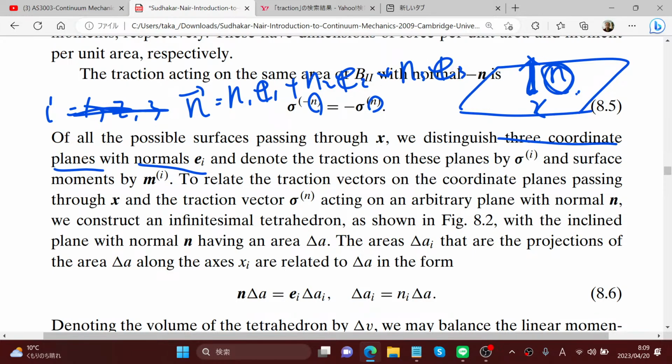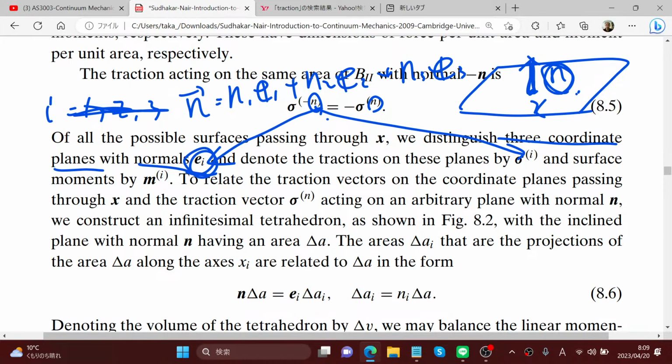This is okay. But now it says e_i itself is a normal. Anyway, I don't know. You can change n to i. Now n is changed to i for some reason. And the surface moments by m_i.